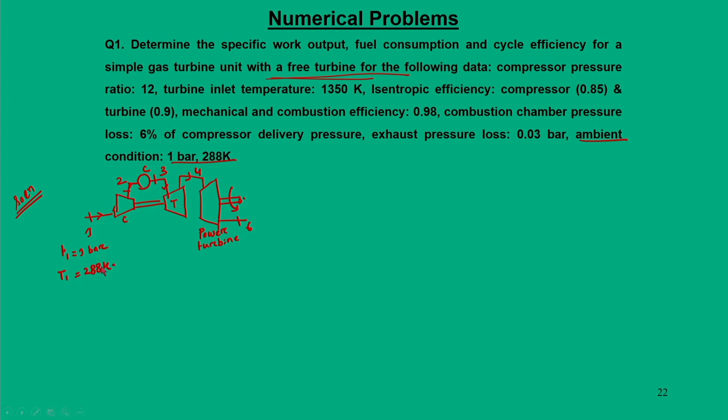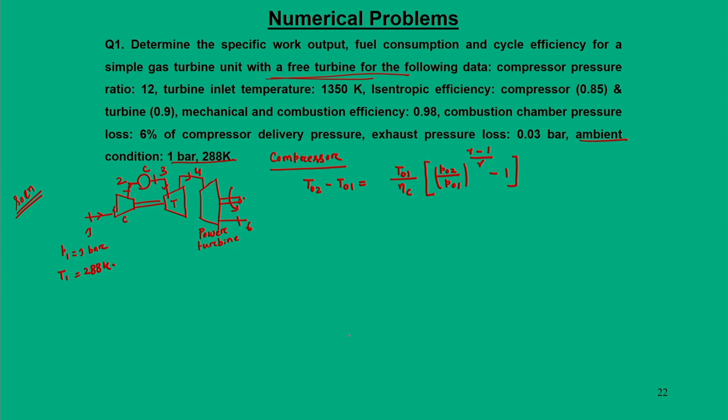Let us go one by one, first the compressor. For the compressor we recall the working formula in terms of stagnation temperatures: T02 minus T01 is equal to T01 by the compressor efficiency, times P02 by P01 to the power gamma minus 1 by gamma, minus 1.